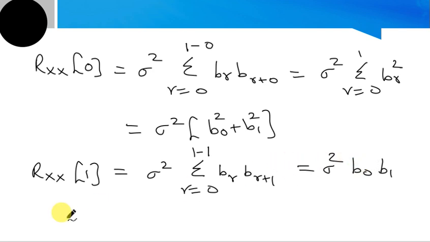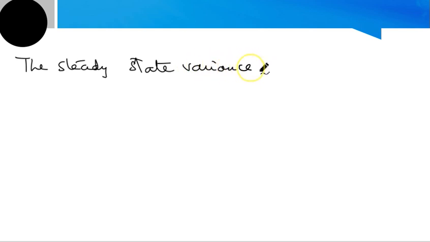So in general my Rxx of k will be equal to 0 when k is strictly greater than 1. Okay, so the steady state variance sigma x squared of k will be nothing but Rxx of 0.